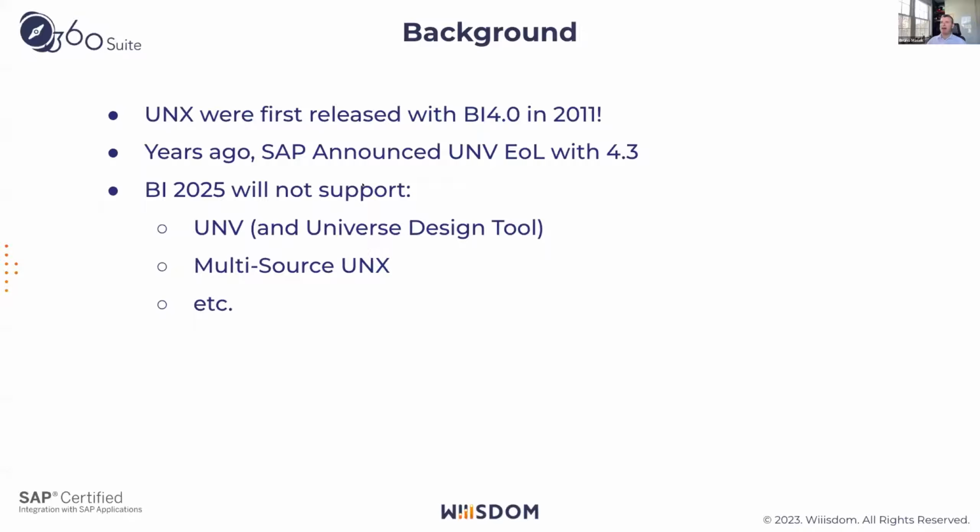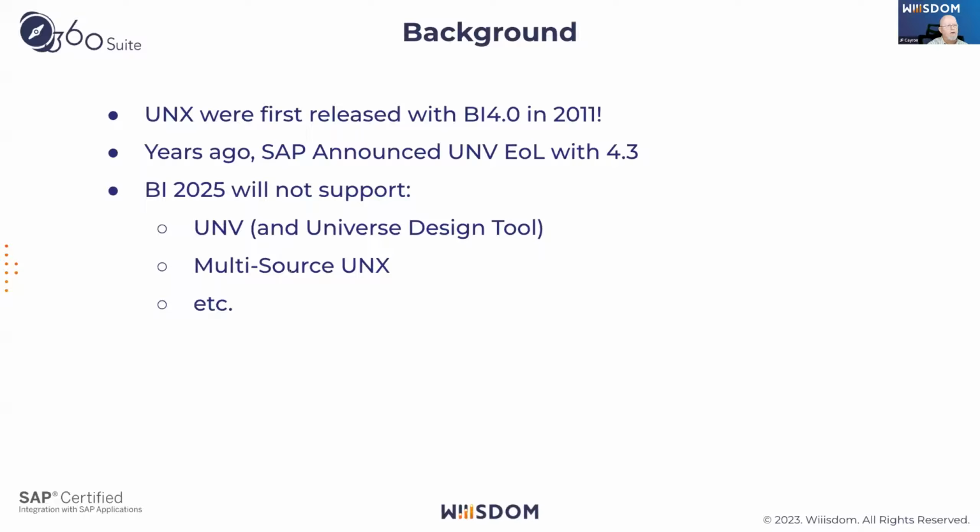In terms of background, how many years since UNX was announced, JF? It's been a while. It makes 13 years almost now, and it has evolved since then. The UNVs, which have been with us since '97, an incredibly long time, will be seen for the last time with 4.3.